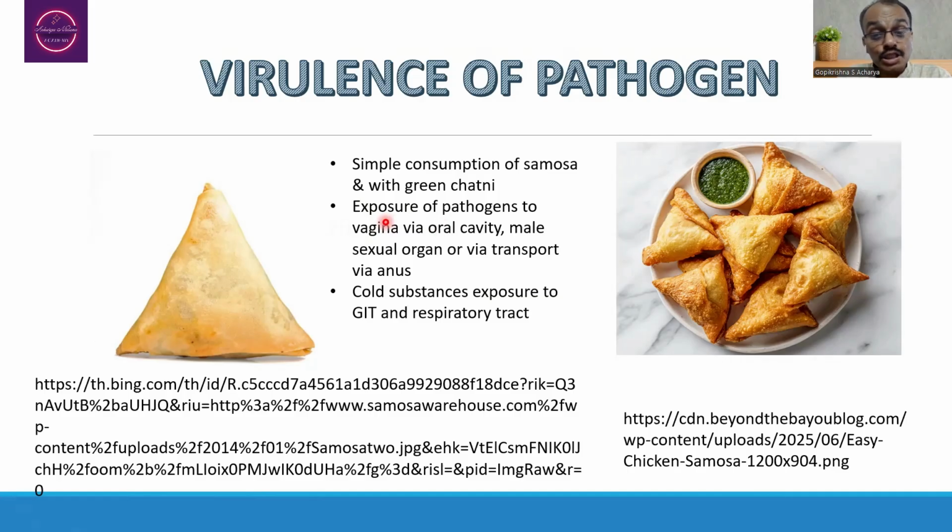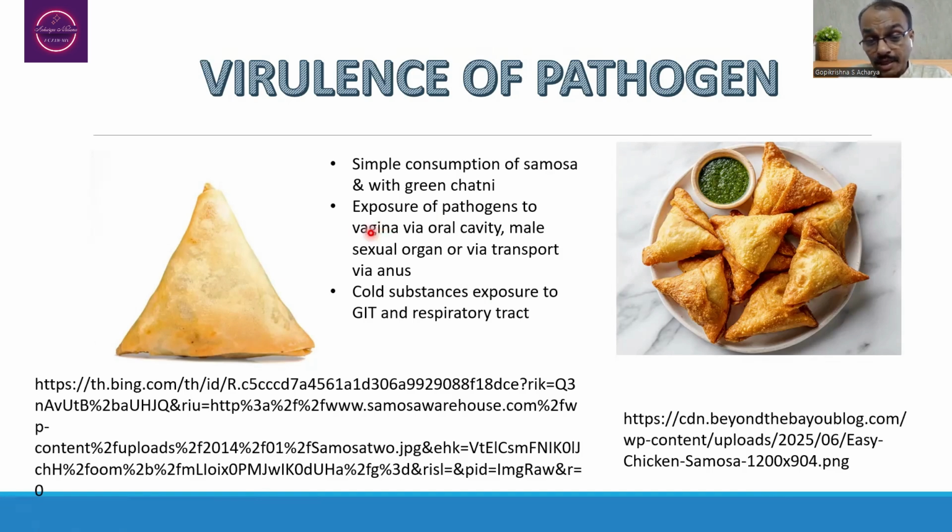Second, the male sexual organ is another route where there is a possibility of entry of the pathogens. Third, the urethra in the female, which is situated anterior to the vagina, and the anal orifice, which is situated posterior to the vagina. All these have the affinity for movement of the pathogens towards the vaginal orifice.